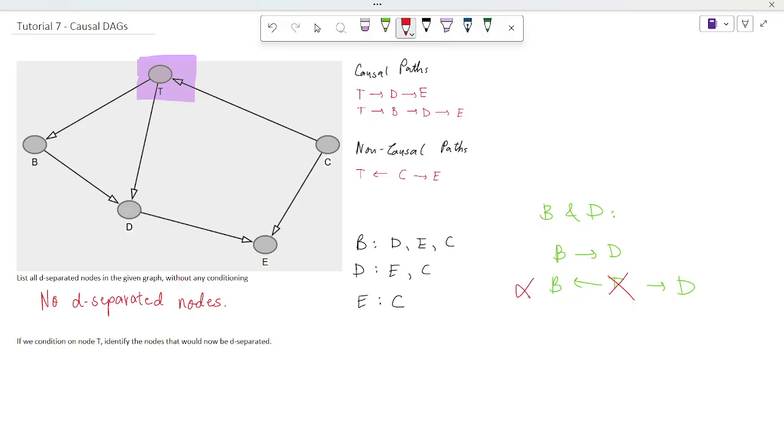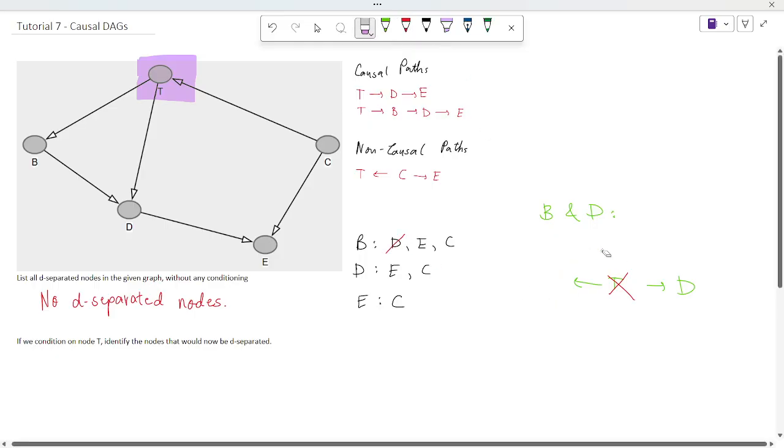So this path is blocked now, but this path is still open, which means B and D are still d-separated.